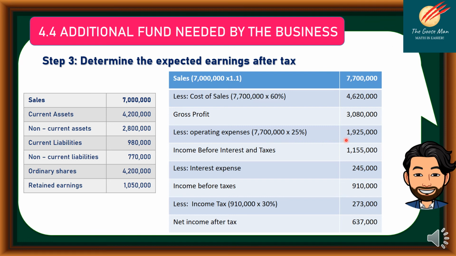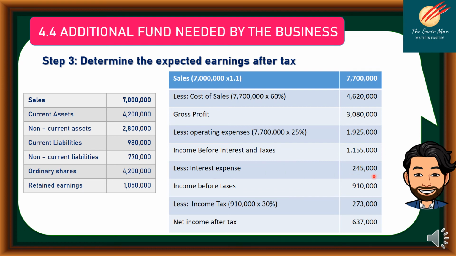So we have 1.925 million. Then income before taxes: if we subtract the gross profit and the operating expenses, we come up with 1,155,000. Then we subtract the interest expense of 245,000.